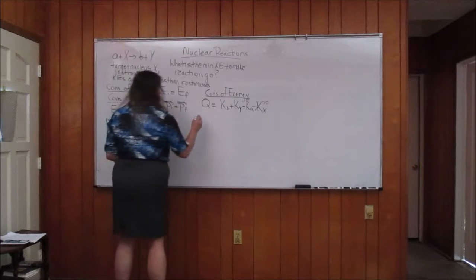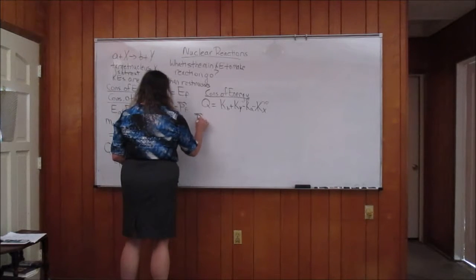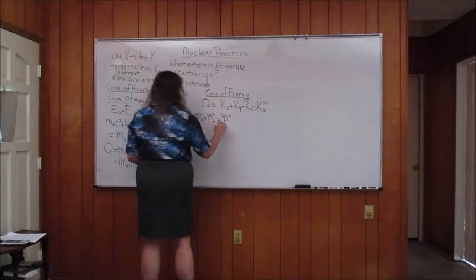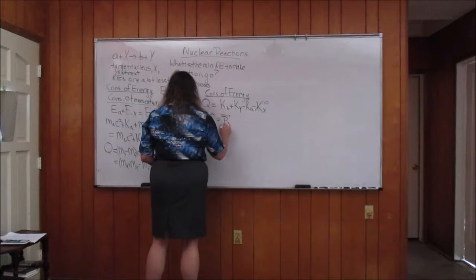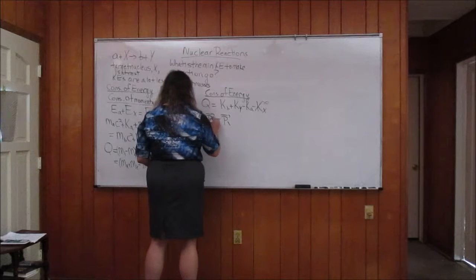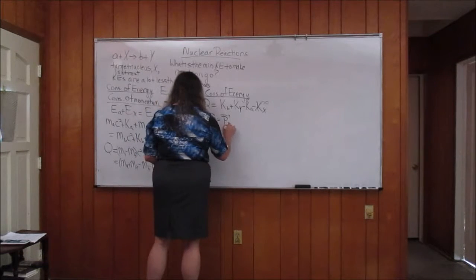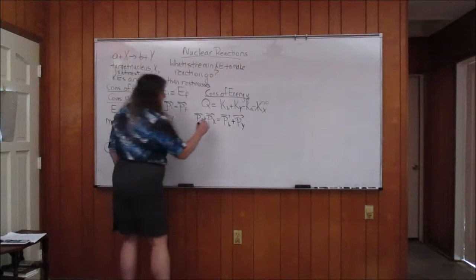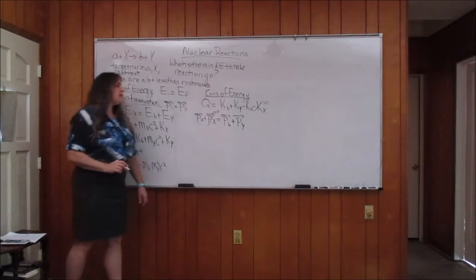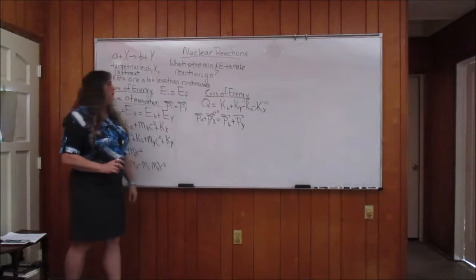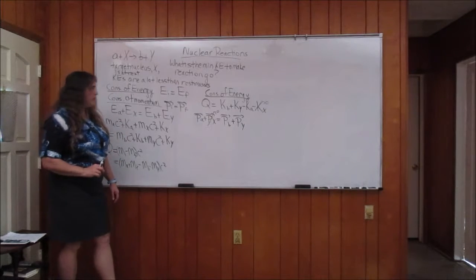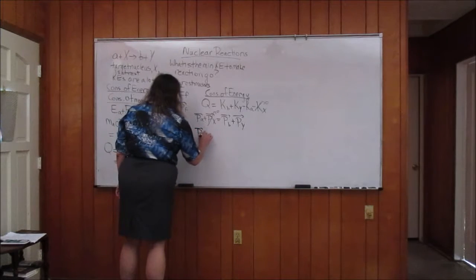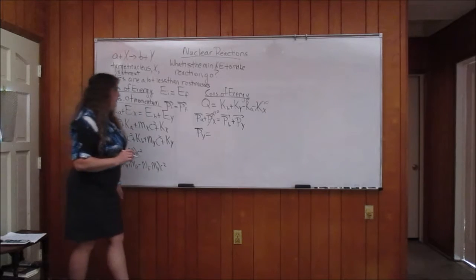Now, applying conservation of momentum, and again, because the target nucleus is at rest, we can set that momentum contribution from the target nucleus equal to 0. Now, I'm going to eliminate all the Y quantities in order to solve this problem.